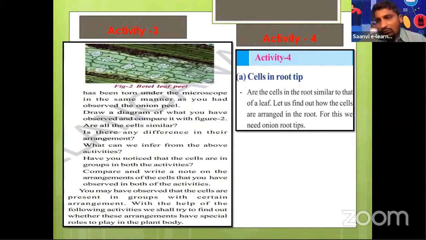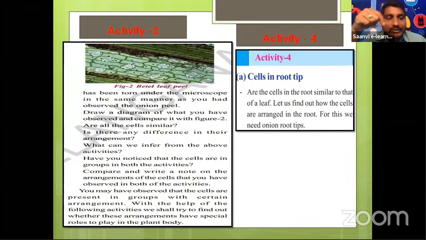Okay, one example also: we have the bean-shaped cells which surround the stomata. Those are considered guard cells, to protect the stomata. So for performing that particular function, those cells surrounding the stomata are in bean shape, giving protection to the stomata, which is involved in the exchange of gases, like our nose.